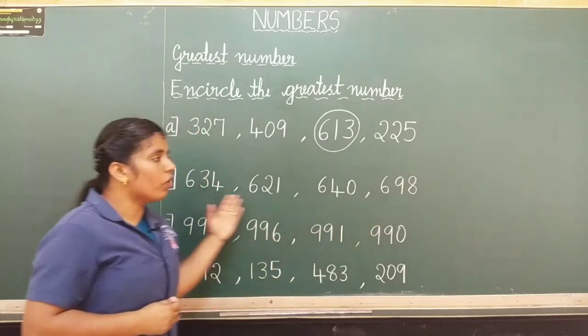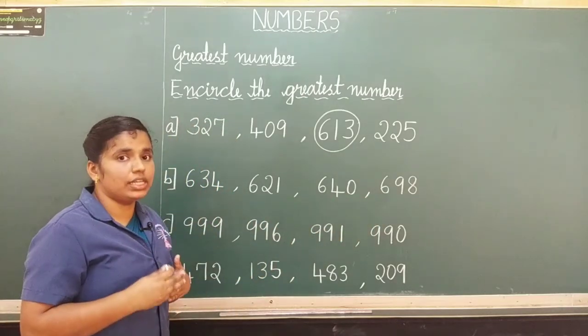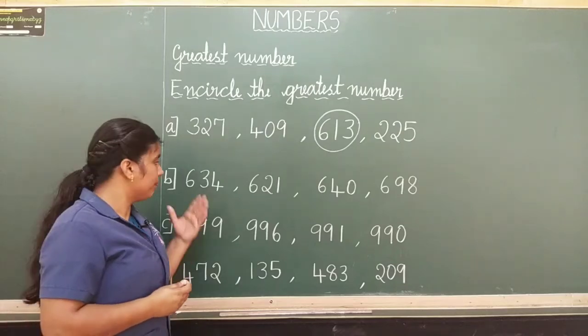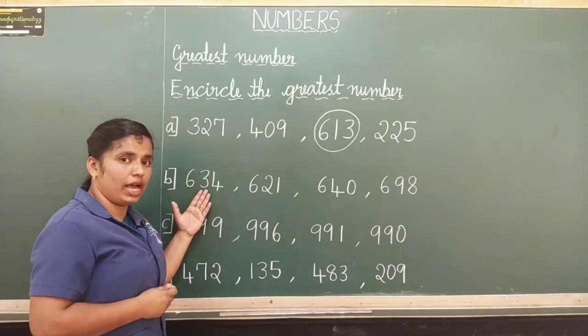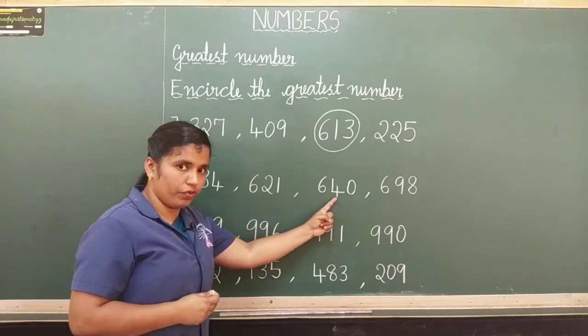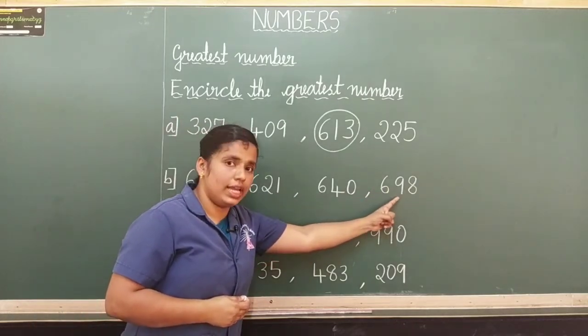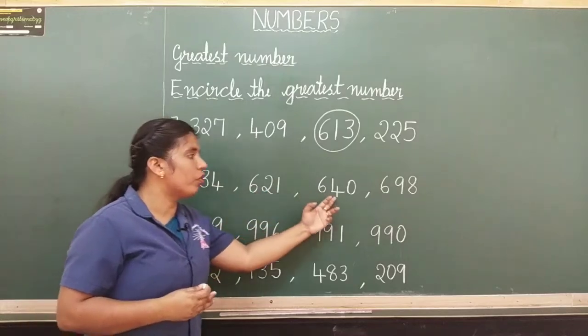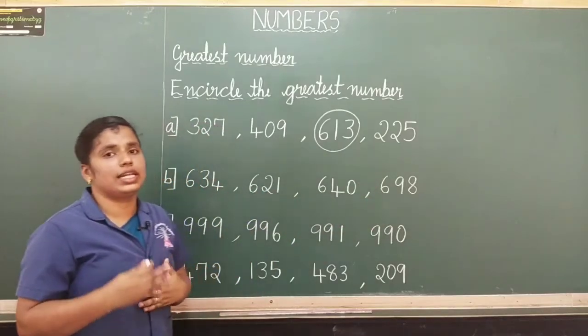In these 4 numbers, first digit is 6. So we have to see the tens place. Here in tens place we have 3, here we have 2, here we have 4 and here we have 9.